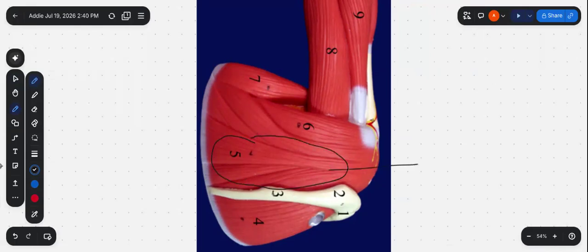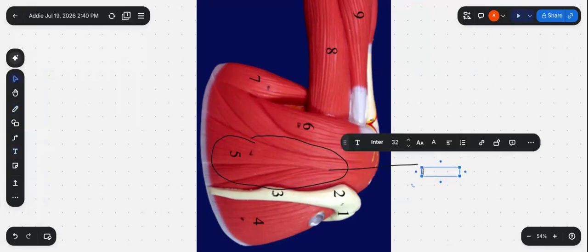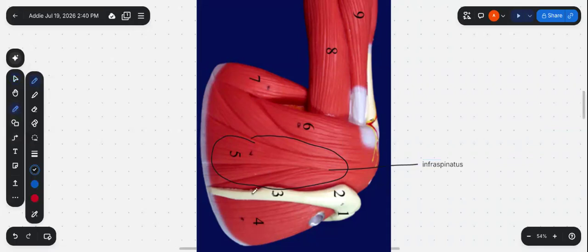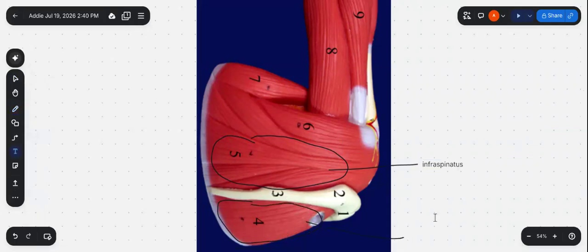That is your infraspinatus. Then above the spine of the scapula, you are going to have the supraspinatus muscle. So number 4 over here, above the scapular spine is your supraspinatus.